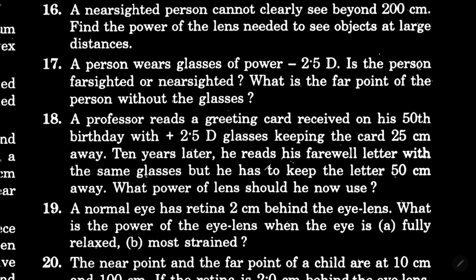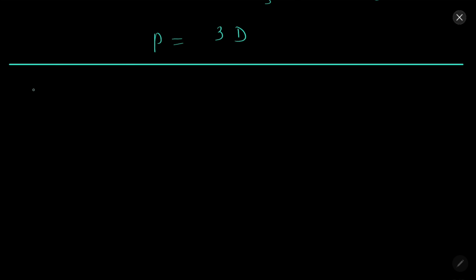In question 17, a person has minus 2.5 diopter glass. What is the far point of the person without glass? Solution 17. U is equal to infinity. V is the far point that we need to find.